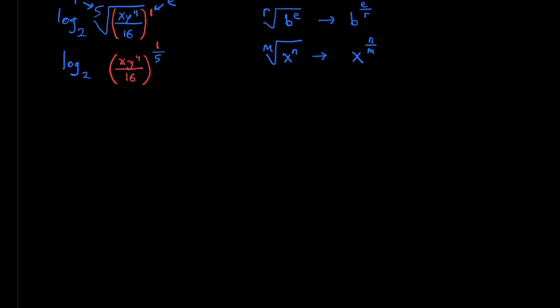Once you have this, now you can use the properties of logarithms to move the exponent to the front. So we're basically just dealing with an exponent. It started off with a radical, but you change it to a rational exponent, and then you move that exponent to the front.